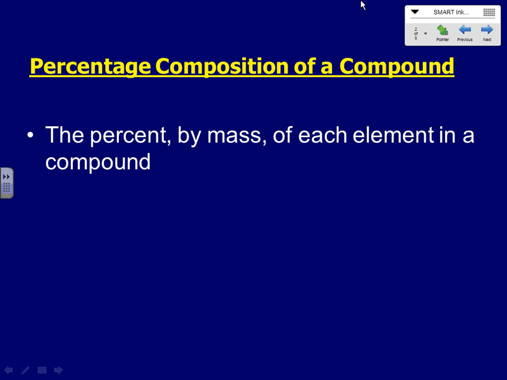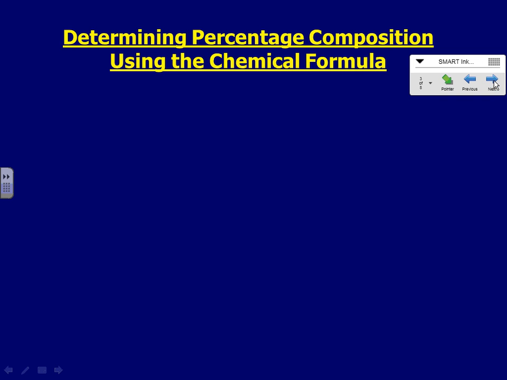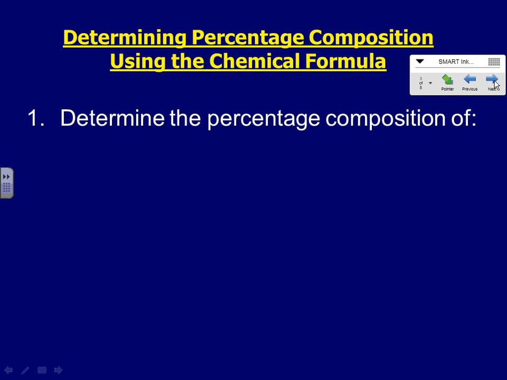I was going to try to talk or expand on it, but I don't think we need to. Let's just go to an example here. Determining the percent composition using chemical formula. Determine the percent composition of, and we're going to start with water. Now I'm going to be looking at masses because it's a percentage by mass, so I'm going to need the formula of that.